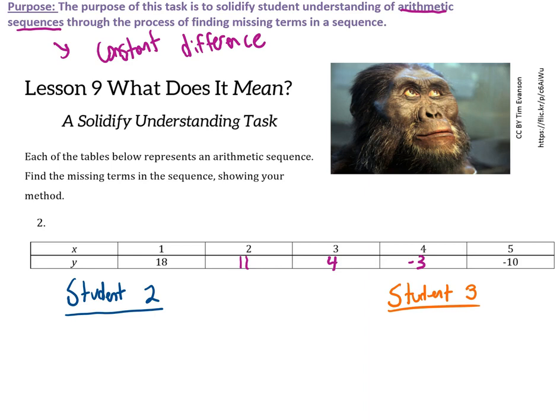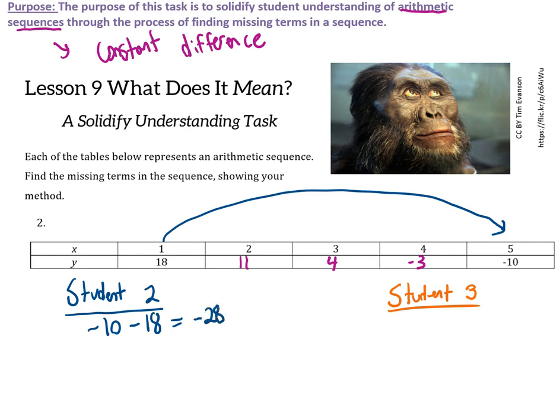So student 2 here might figure out the same values by thinking about it this way. Well, I know that I can figure out how far I need to travel from 18 down to negative 10. And I figure that out by doing negative 10 minus 18, which is negative 28.